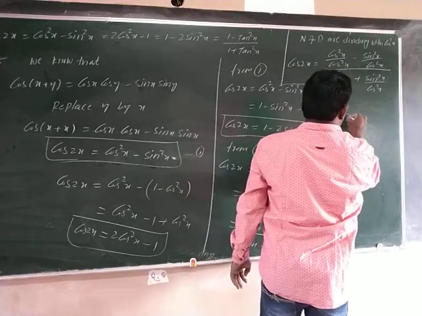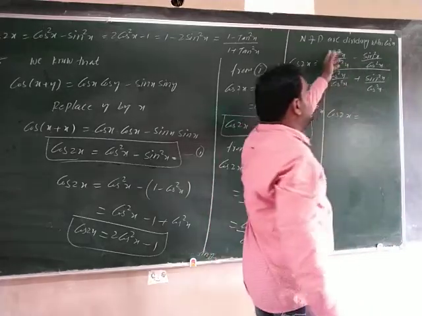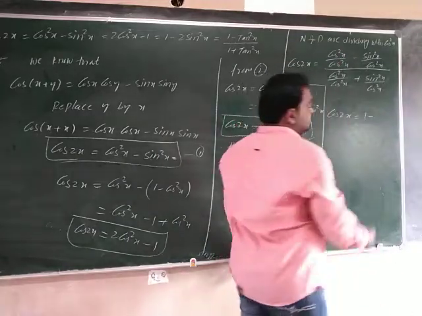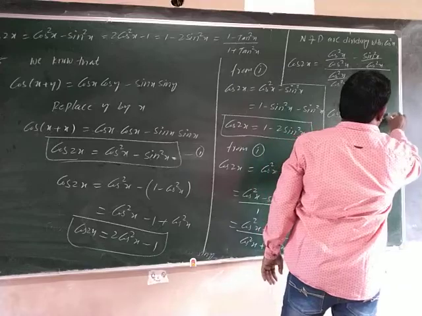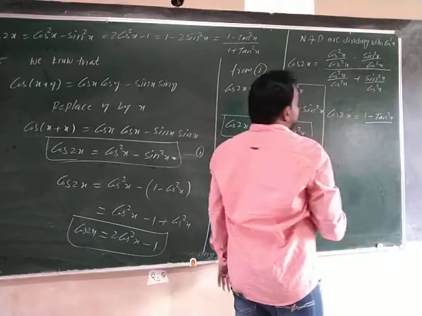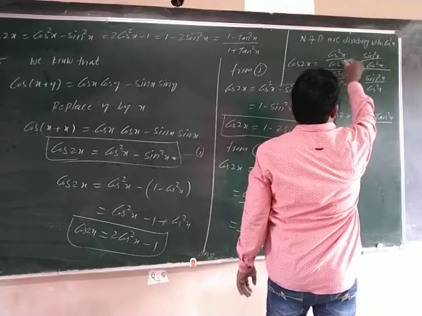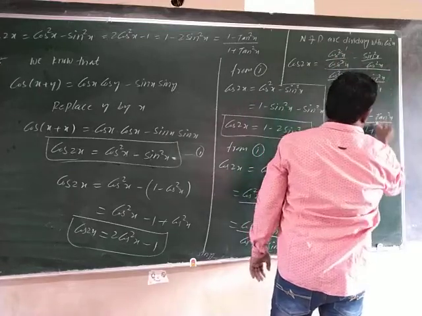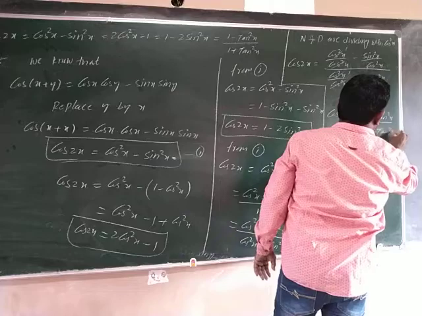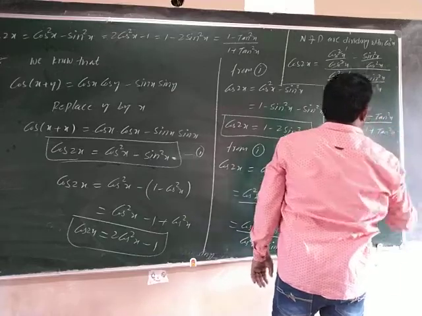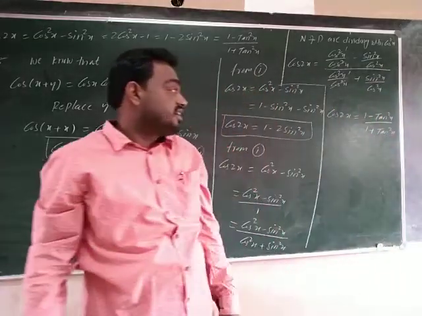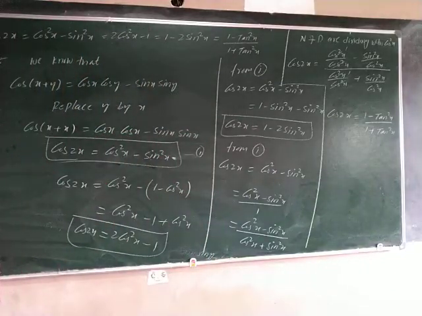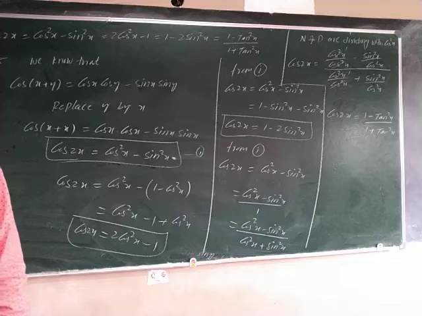Then cos 2x is equal to 1 minus sin square x by cos square x, which is tan square x, by 1 plus sin square x by cos square x, which is tan square x. Therefore cos 2x is equal to 1 minus tan square x by 1 plus tan square x. This is the proof. Fifth one.